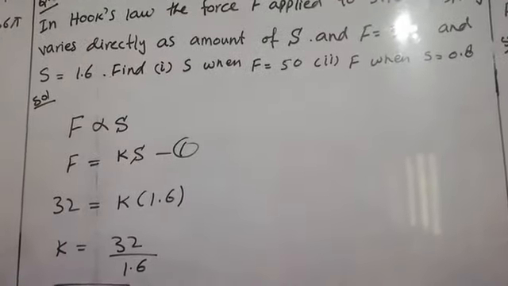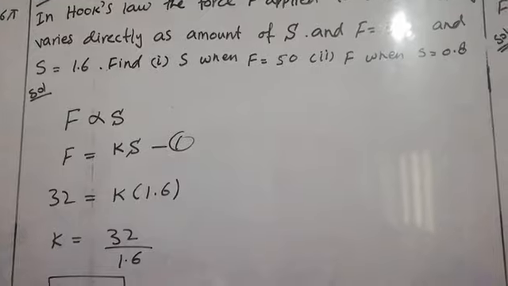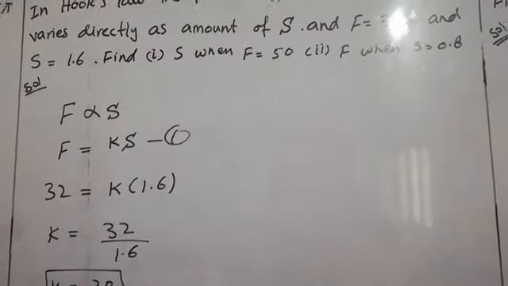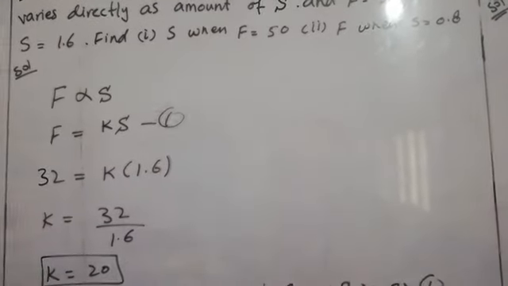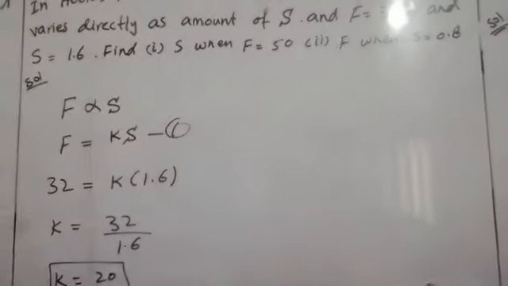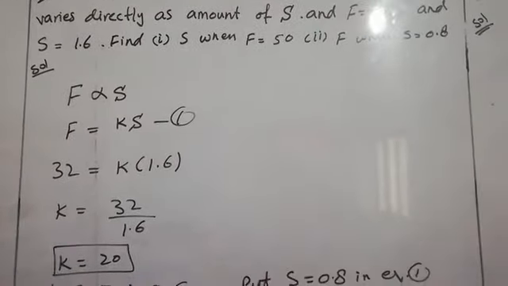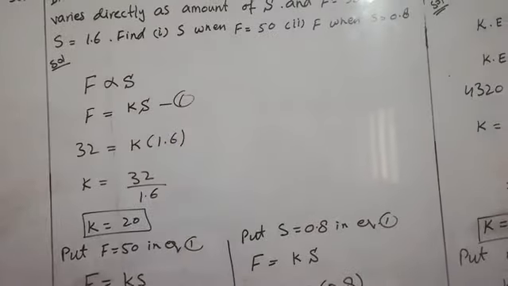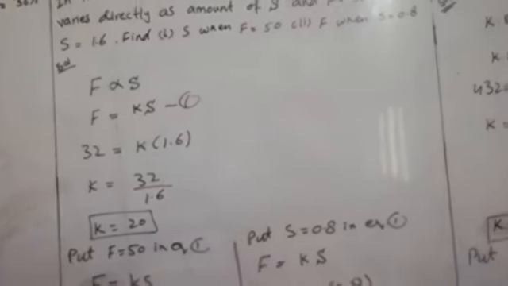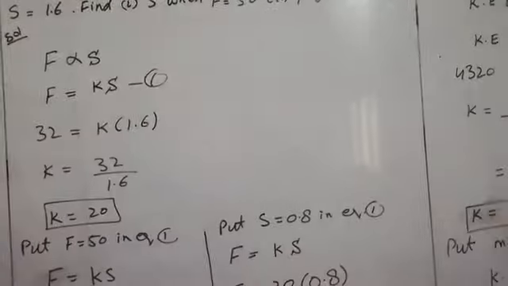Inverse variation means that if we increase one quantity, it causes a decrease in the other quantity and vice versa. And we have discussed ratio in this chapter. Ratio means the relationship between two quantities of the same kind, and proportion is the equivalence of two ratios.